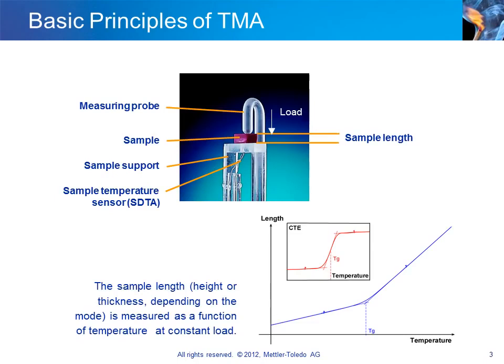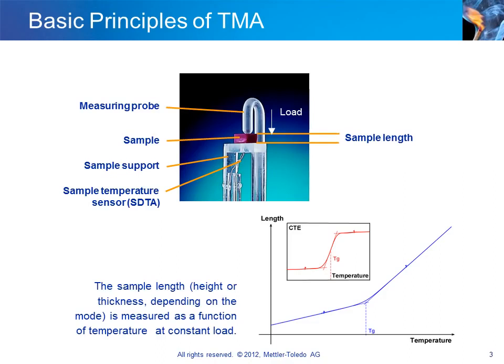The bottom right diagram shows a typical TMA dilatometry curve. In this mode, a very low force is applied to the probe and the sample length is measured as a function of temperature. The length gradually increases with increasing temperature.